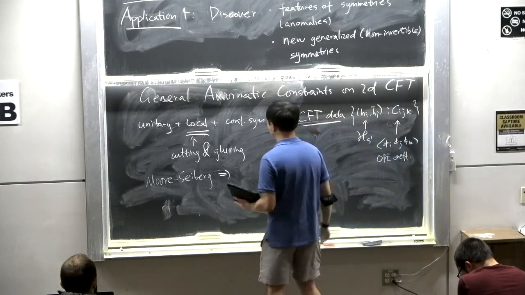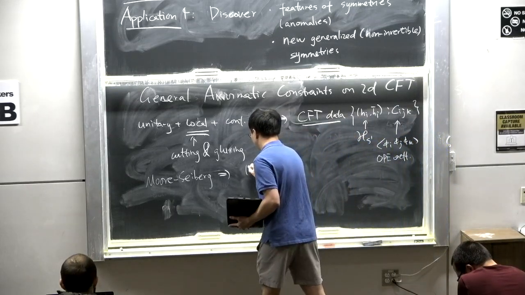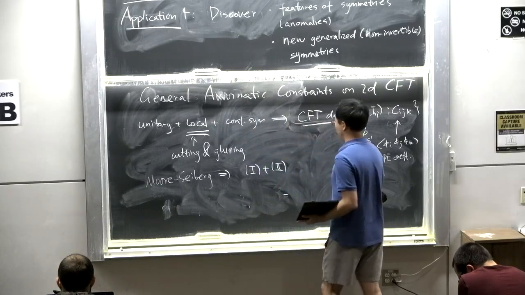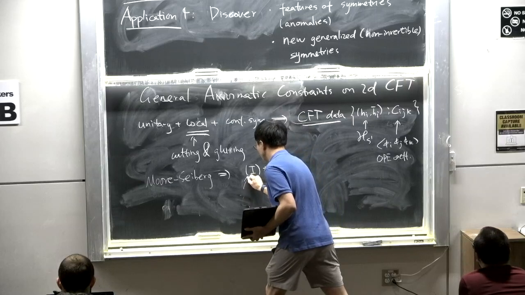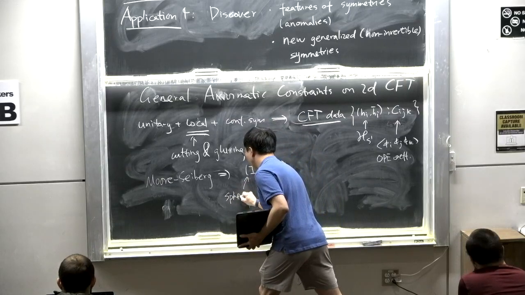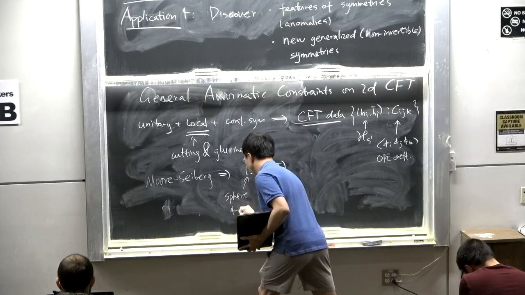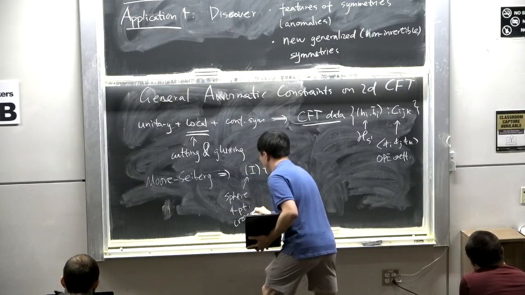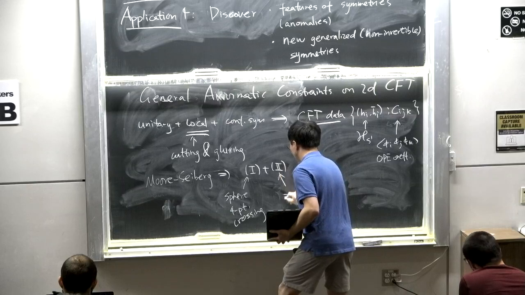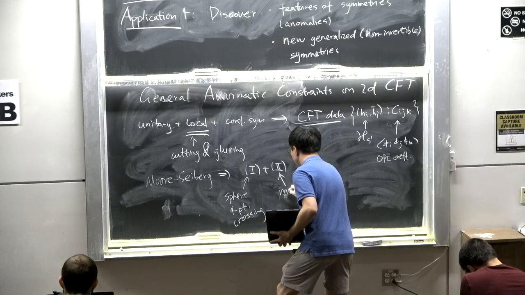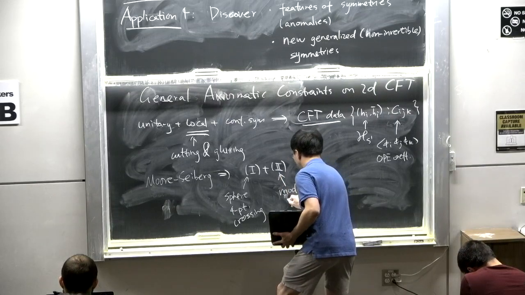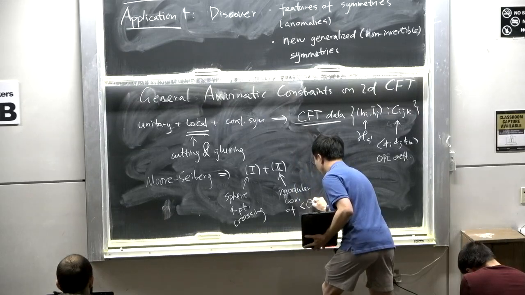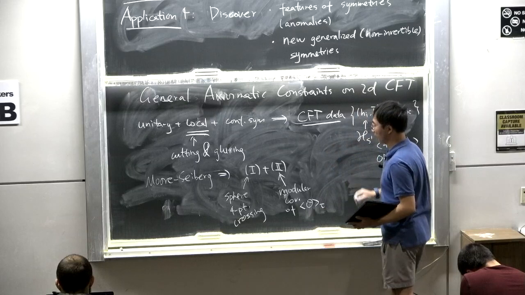And these necessary and sufficient conditions come in 2 families. 1 is known as sphere 4-point crossing, and 2 is known as the modular covariance of the torus 1-point function. Let me explain what they are.